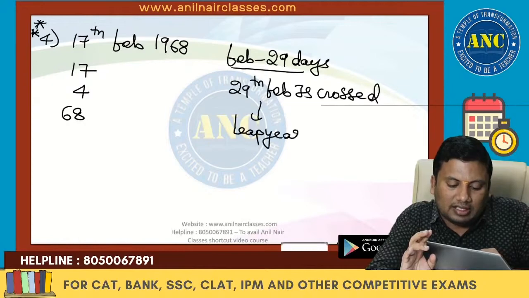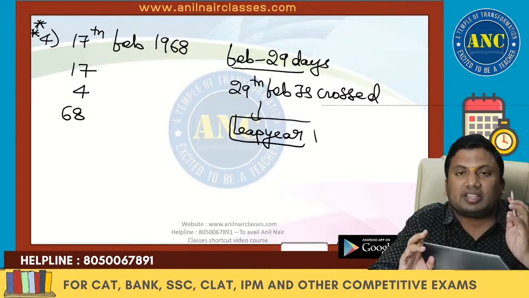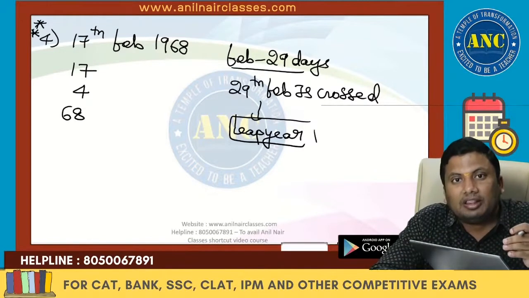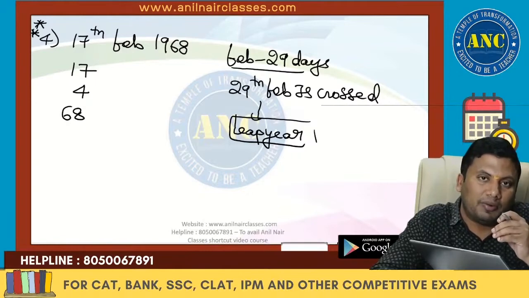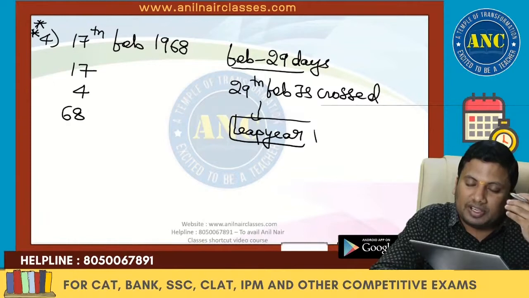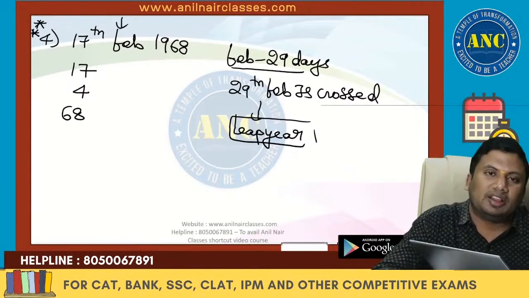If I cross 28th February and get 29th February, then it is a leap year. If I get 1st March, it is a non-leap year. But I am stopping much before 28th February.